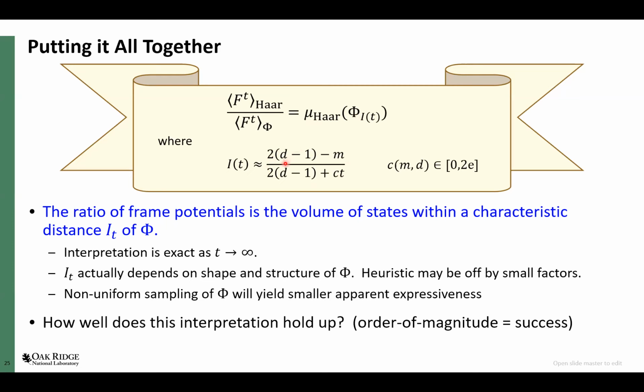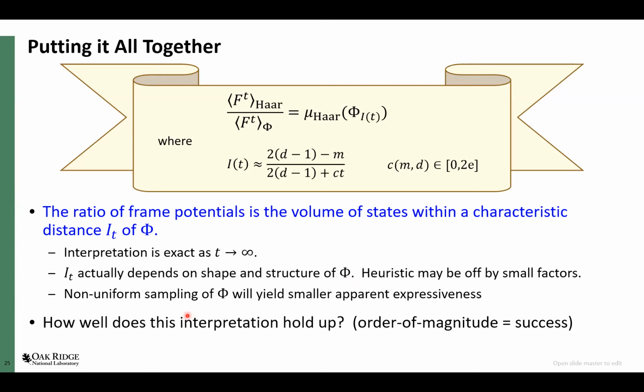It depends on the dimensionality of your Hilbert space D, the dimensionality of the manifold that your circuit carves out, which is M, and then some constant C that takes a small value. So this interpretation is exact as t goes to infinity. The looseness in it is that this characteristic resolution really does strictly depend on the shape and structure of the set that you're trying to characterize. And so it can be off by small factors.